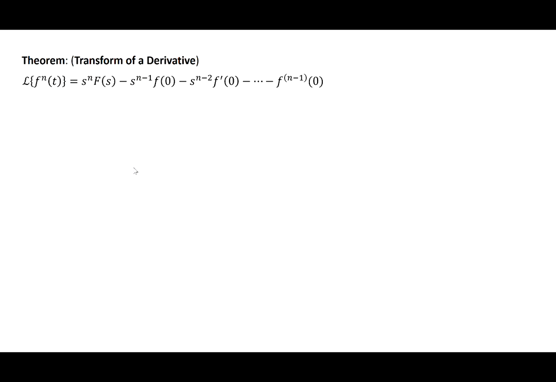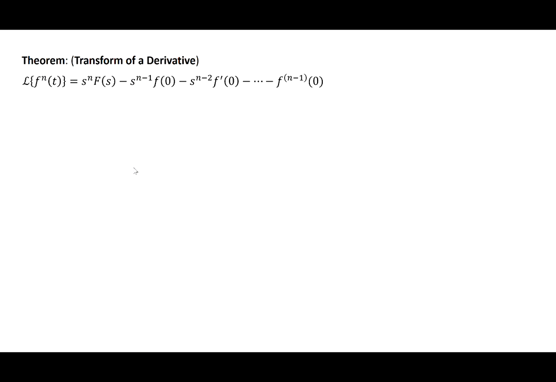Times F of s. We know what uppercase F of s is. It's the Laplace of f of t, right? Minus s to the n minus 1 times f of 0, lowercase f of 0. Any idea what lowercase f of 0 would represent? It's just the function's value, f of t, at t equal to 0, as simple as that.